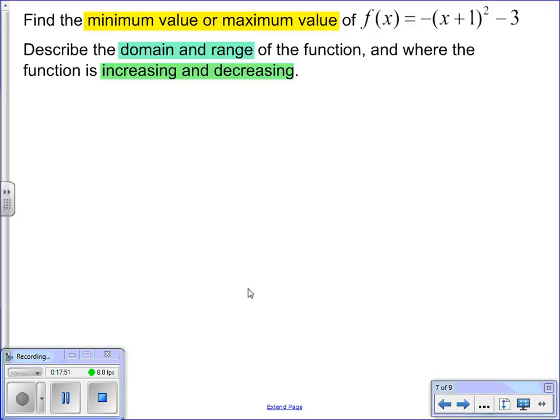Okay, so our first example here, we're going to do f of x equals negative (x plus 1) squared minus 3. So that's the function that we're working with. If you like to, write vertex form right underneath that with the a, h, and k.